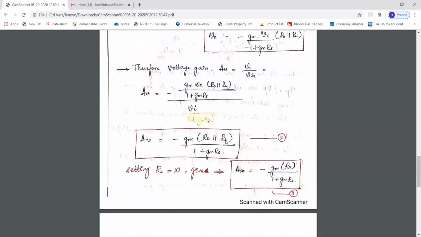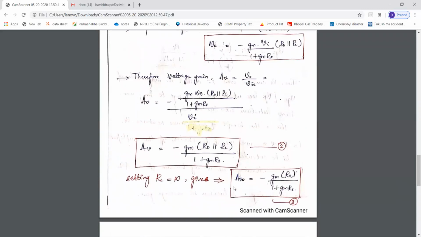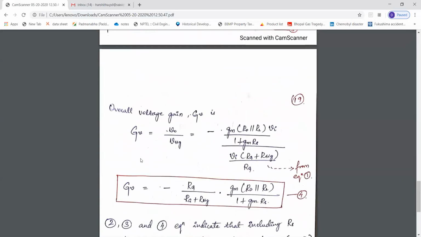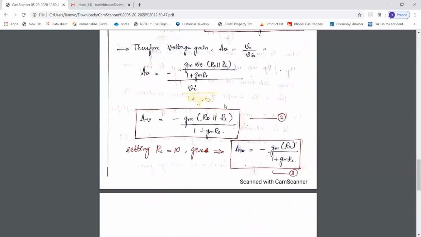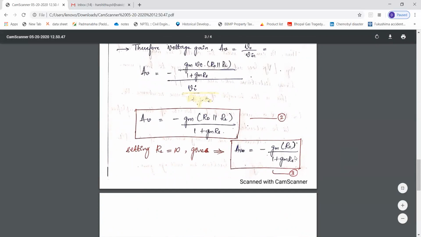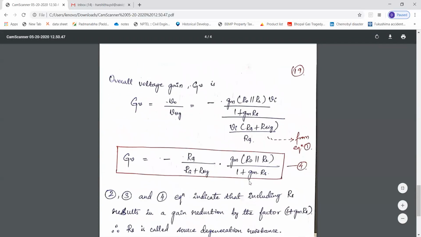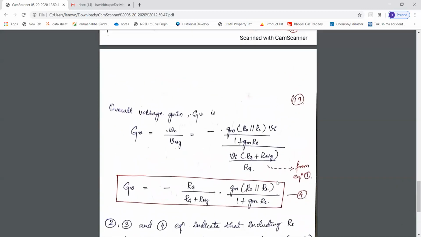So now let's observe the voltage gain, the open circuit voltage gain, and the overall voltage gain. All of these have 1 plus Gm into Rs in the denominator, whereas in the analysis of the common source amplifier without source resistance, we didn't have this.